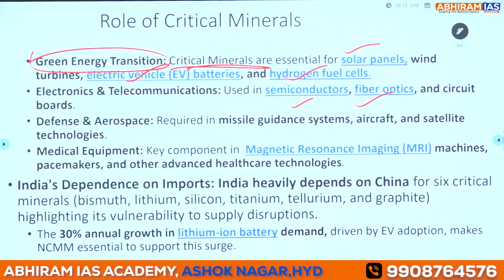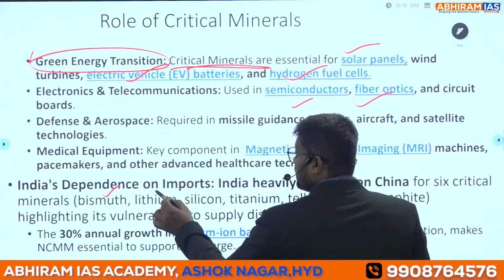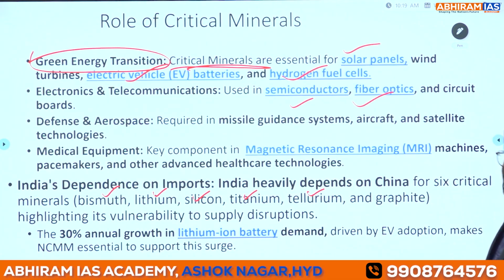Okay, so India's dependence on imports. As I said, India heavily depends on China for 6 critical minerals. What are those 6 critical minerals?